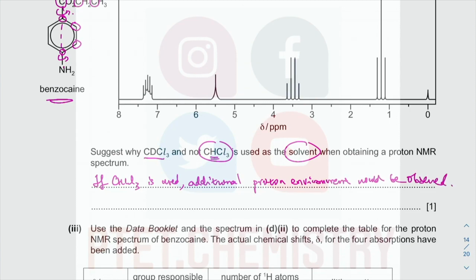Okay, so if you use CDCl3, the deuterium is not NMR active, therefore won't be observed. So you don't want additional signal essentially in your NMR, okay?